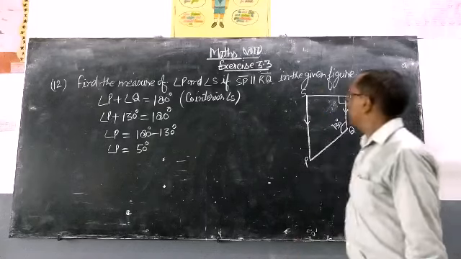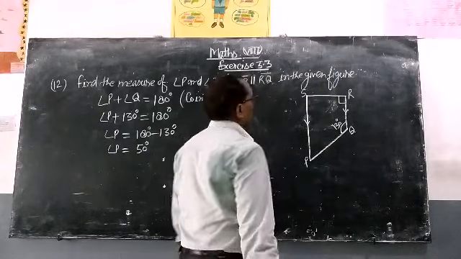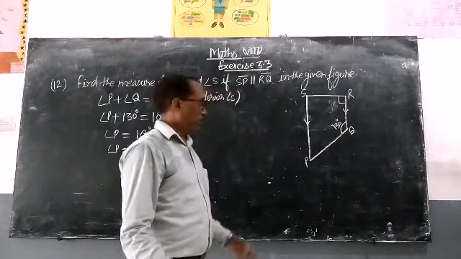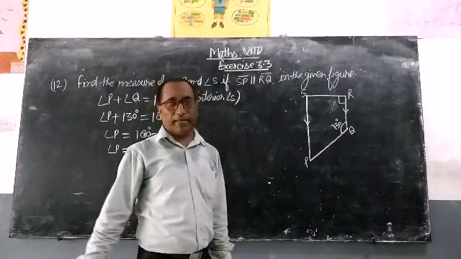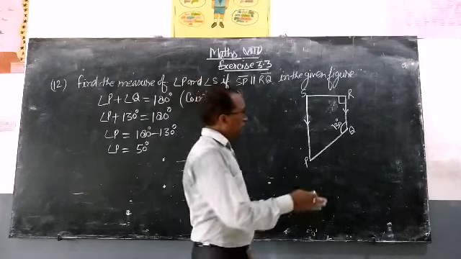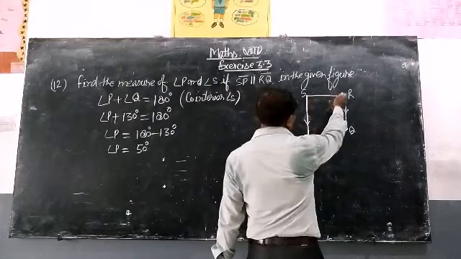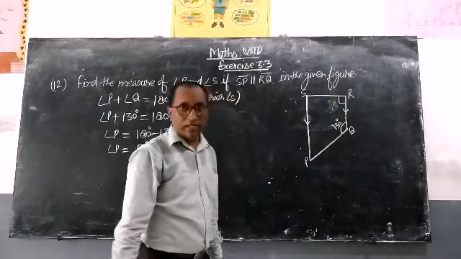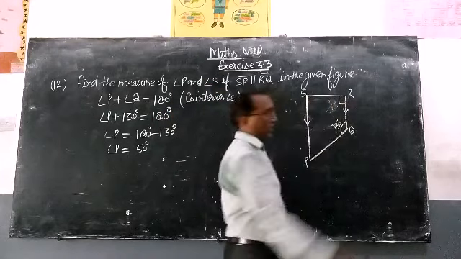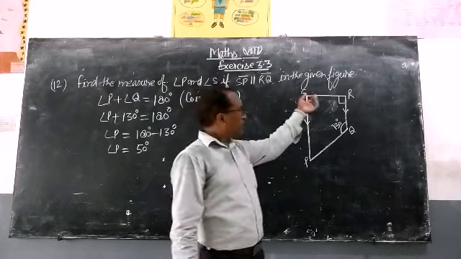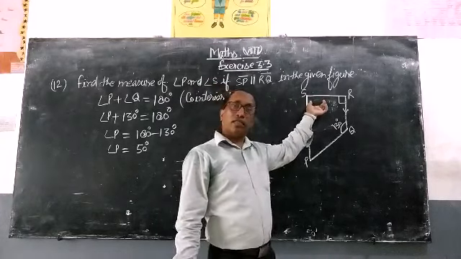Okay. Then you find out the value of angle S. For this, you have two methods to find the angle S. First, you write angle S plus angle R is equal to 180 degrees, because these are two parallel lines and a transversal, so co-interior angles are supplementary.